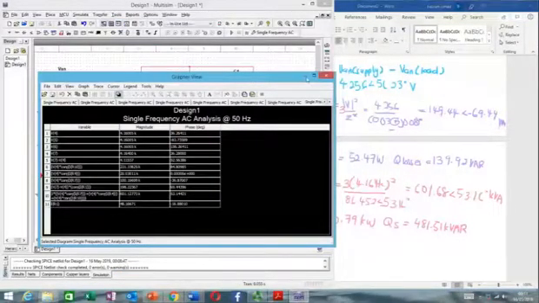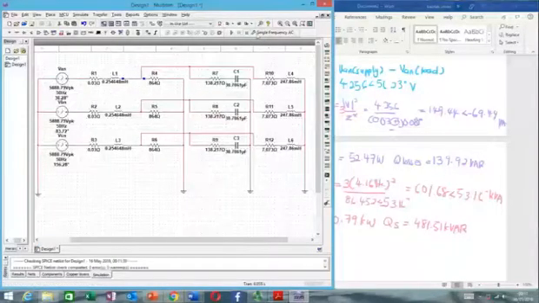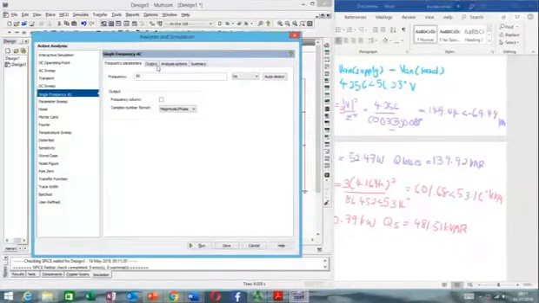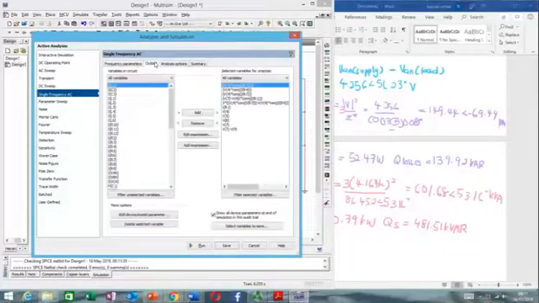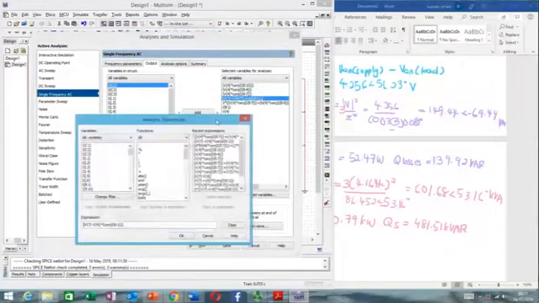My mistake. Yeah, this one. So the equation is correct.